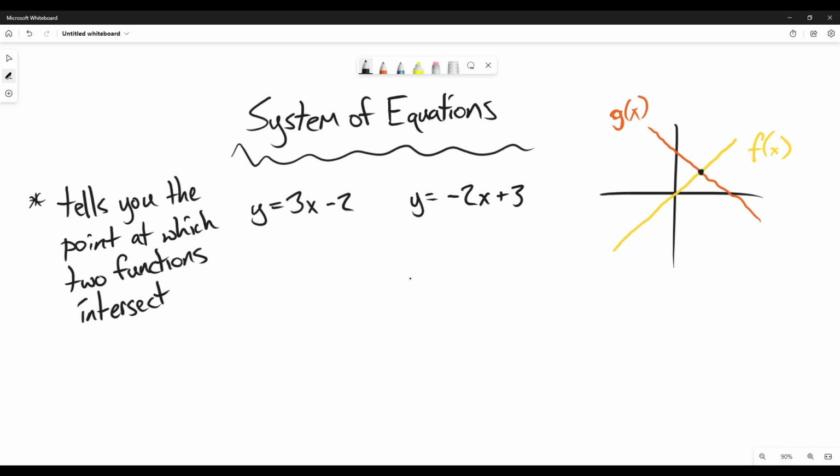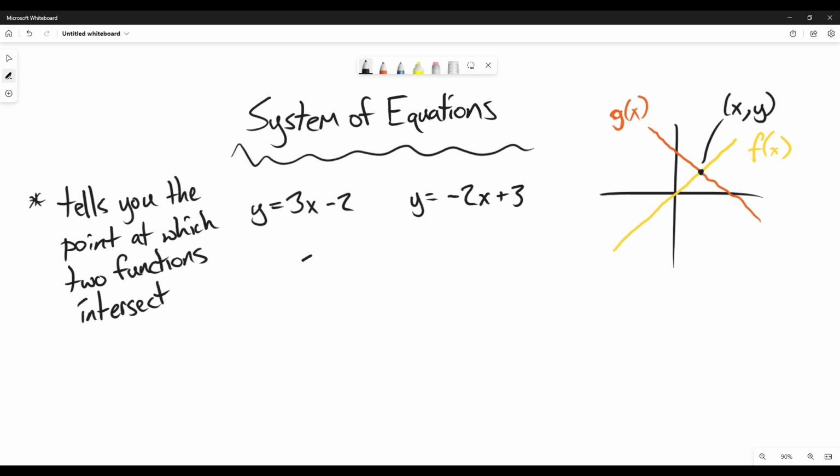Something simple. At this black point, x and y are both equal, so since y is equal, these two functions would be equal to each other. These are not depictions of these graphs, just an example.